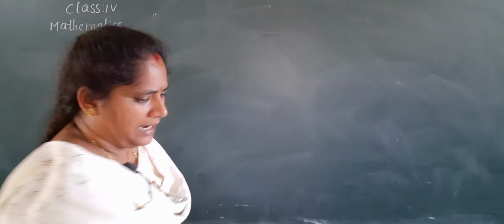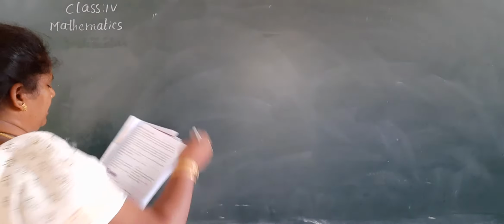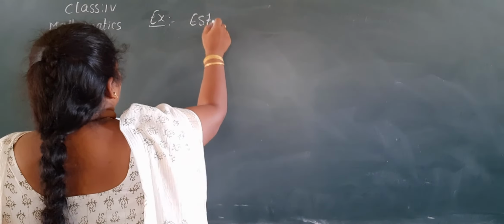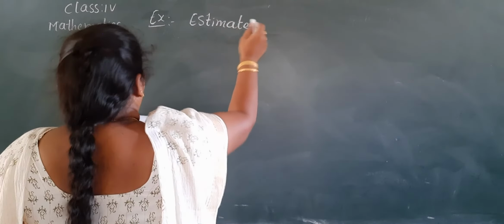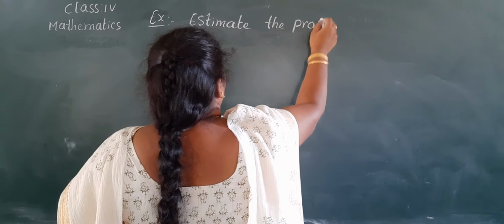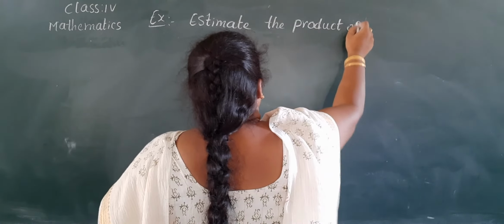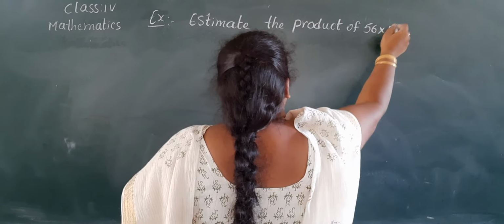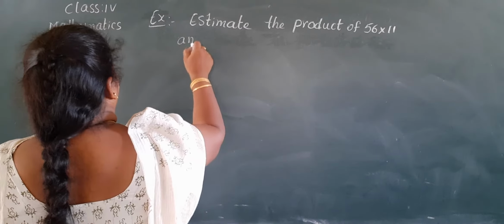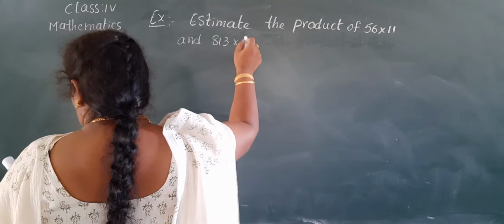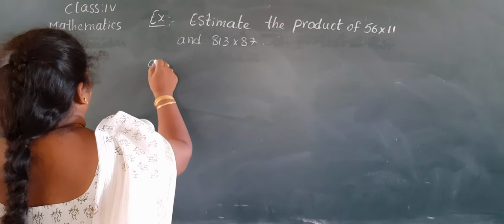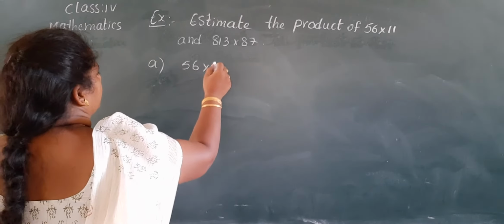Okay, and now see the example. Estimate the product of 56 into 11 and 813 into 87. First, solution A. I will explain A first.